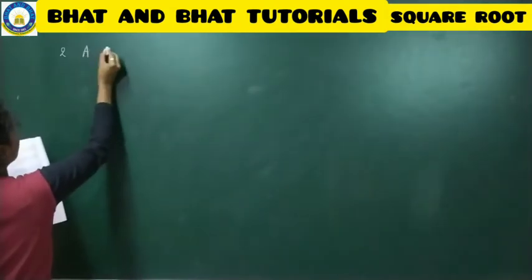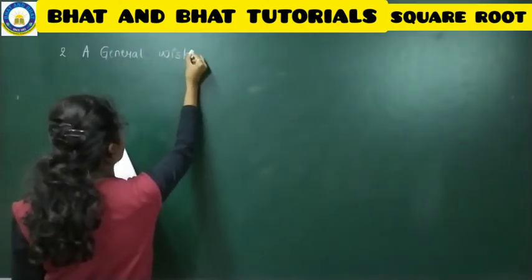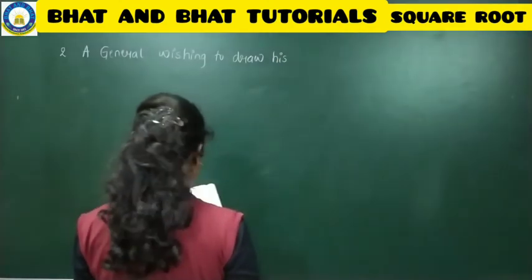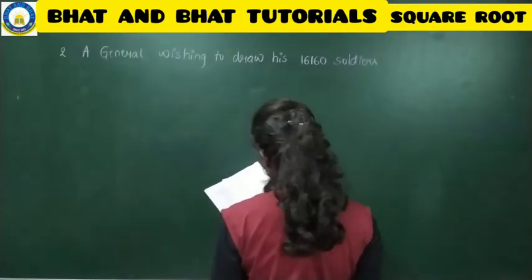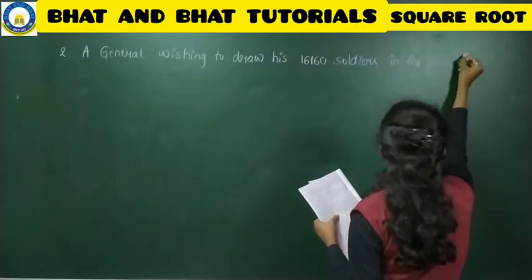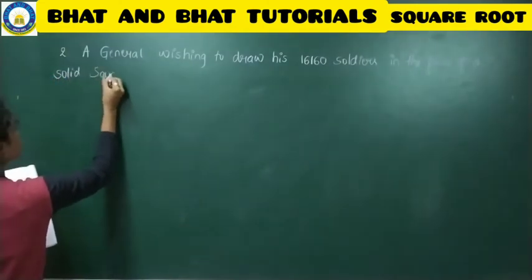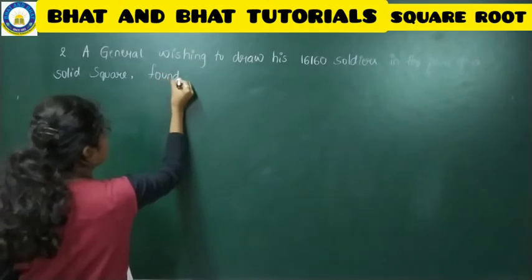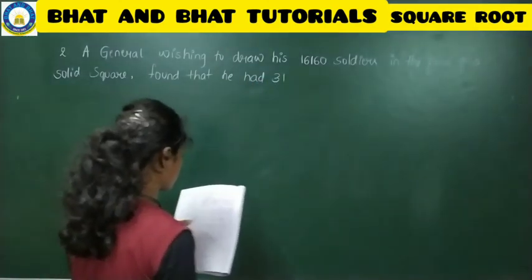A general wishing to draw his 16,160 soldiers in the form of a solid square, found that he had 31 soldiers left.